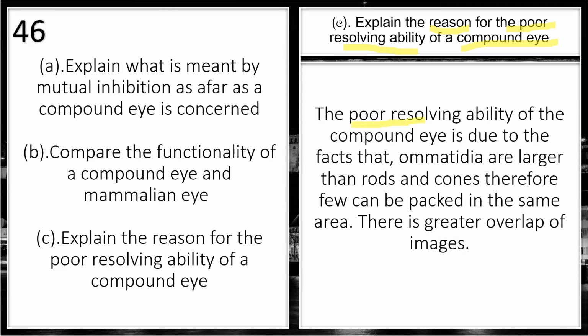The poor resolving ability of the compound eye is due to the fact that ommatidia are larger than rods and cones. Therefore, few can be packed in the same area. There is greater overlap of images.